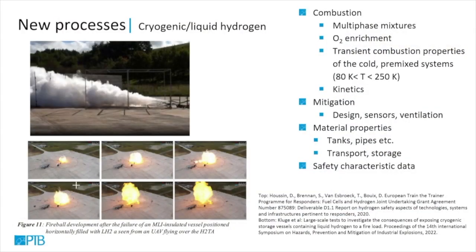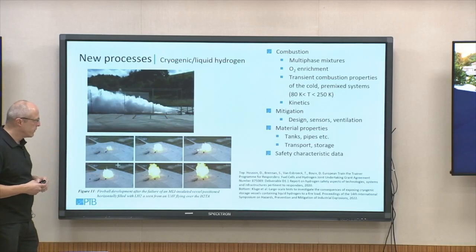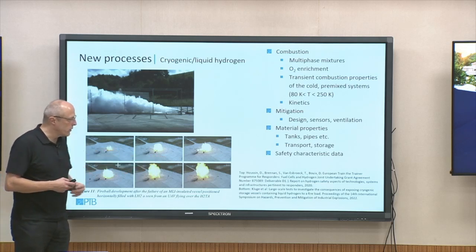Then an idea is to use liquid hydrogen, which has a very low boiling point. And here you see a big experiment, leakage of liquid hydrogen and subsequent ignition, giving this nice flame ball here.